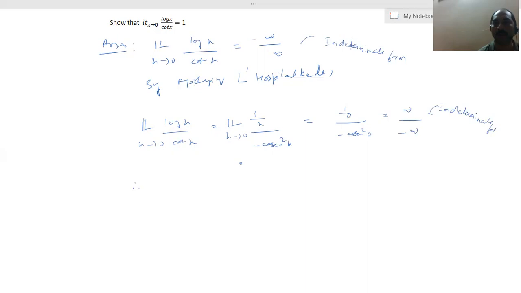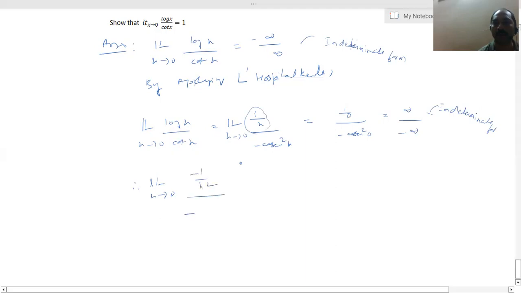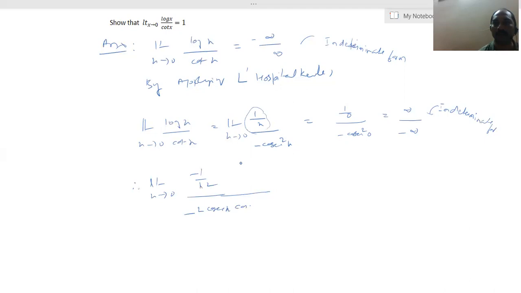So therefore, the limit value equals the derivative of the numerator, minus 1 by x square, over the derivative of cosecant square x, which is 2 cosecant x into minus cosecant x cot x.